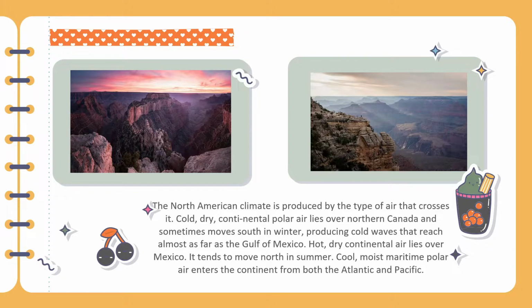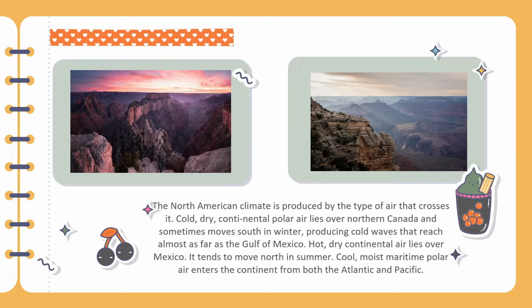And for further information, the North American climate is produced by the height of the air that crosses it. Dry continental polar air lies over northern Canada, and sometimes moves south in winter, producing cold waves that reach almost as far as the Gulf of Mexico. Hot, dry continental air lies over Mexico.